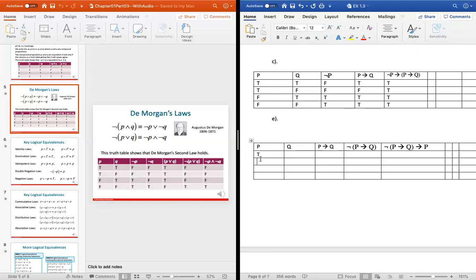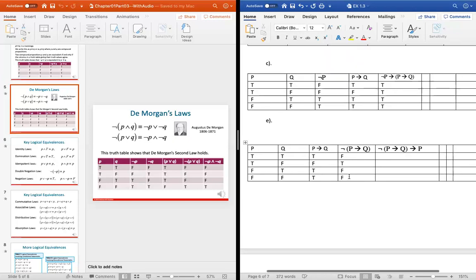So let's solve: true, true, false, false, true, false, true, false. P implies Q, just like we saw here, it's going to be true, false, true, true. We take the negation of this, it's going to be false, true, false, false. Now we have this thing over here implies this thing over here.